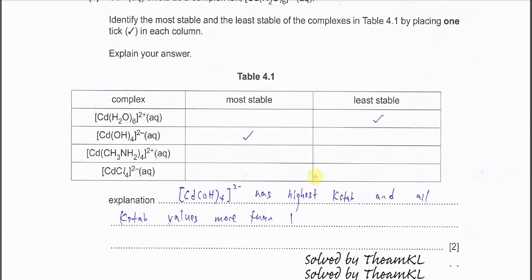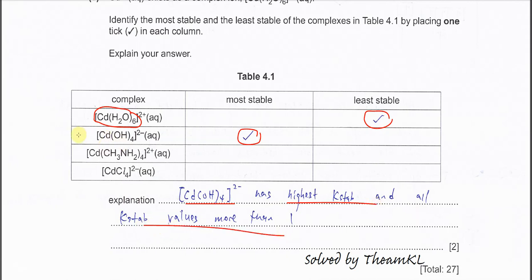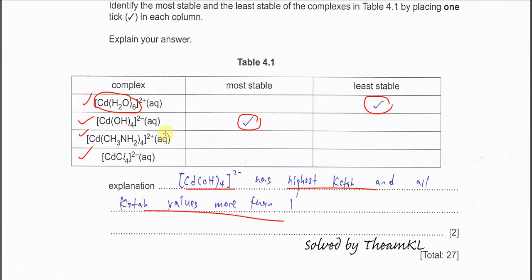Okay, that's why the least stable is the cadmium with the 6H2O. Okay, so least stable, and the most stable is the cadmium with 4 hydroxide. Okay, so you just explain like this because the cadmium with 4 hydroxide has the highest Kstep, and all the Kstep value more than 1 means all these complex, this, and this, it's much more stable than this complex. Okay, that's all for this question. Thank you.